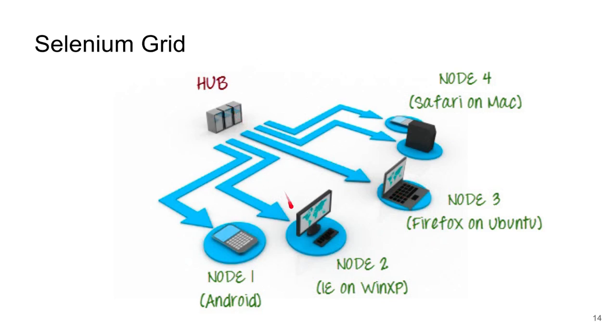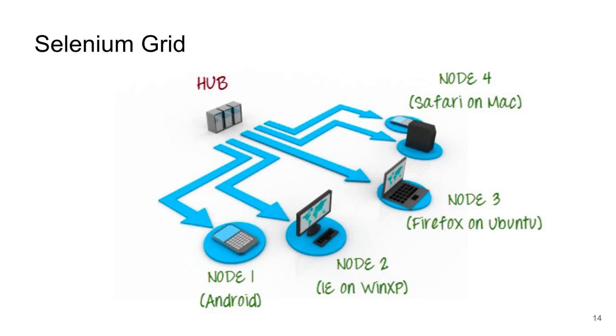So it will open two different browsers on these two different machines, execute the tests, record the video, take screenshots, record the logs, generate the report, and return the report to us, as if we were running the same test case on our laptop, but it is run on a different node, on a remote machine. Selenium Grid will do that for you.